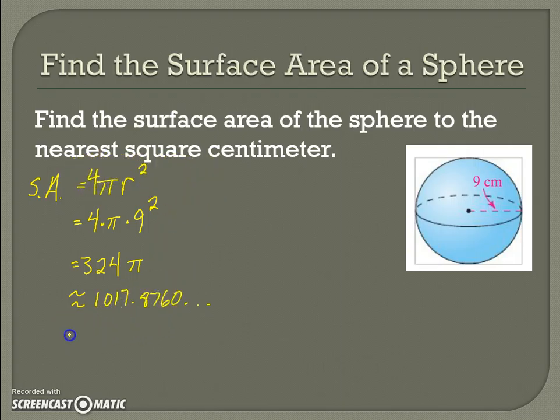That's an 8, which means I need to round up. So I'd say 1018 centimeters squared. All right, so this is pretty straightforward. It's just a matter of substituting into this given formula. That should be pretty easy for you.